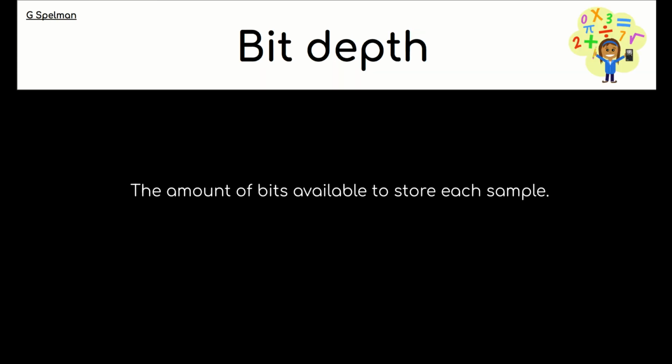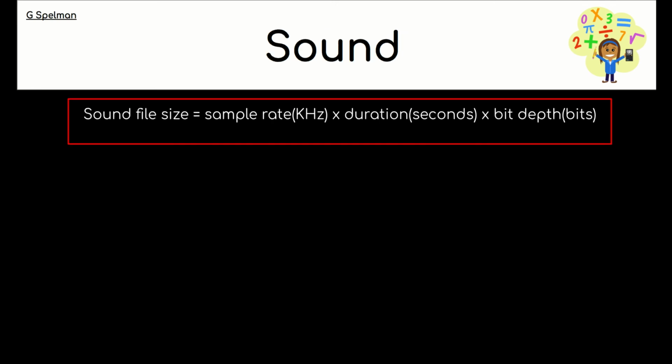So let's look at some terminology. So bit depth is the amount of bits available to store each sample. And now we're back to something that you might recognize from before. In the units video, we looked at how we could work out the size of a sound file. And we do that by timesing the sample rate, the duration, and the bit depth.